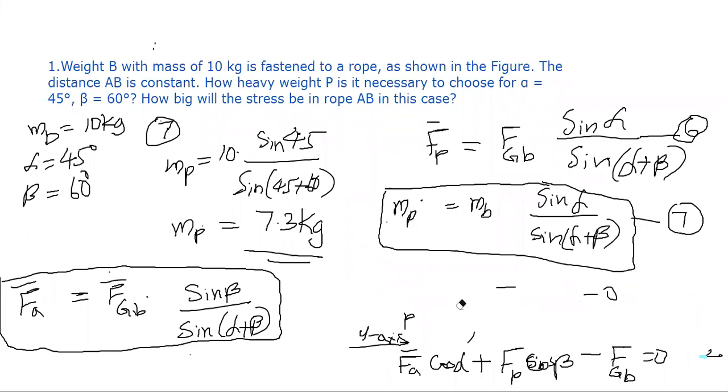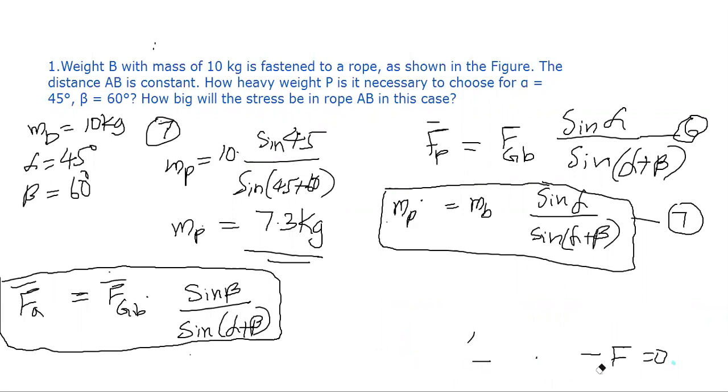Now we need to find the force with which B is tied to the wall A, that is Fa. We substitute Fgb, let us consider g as 10.